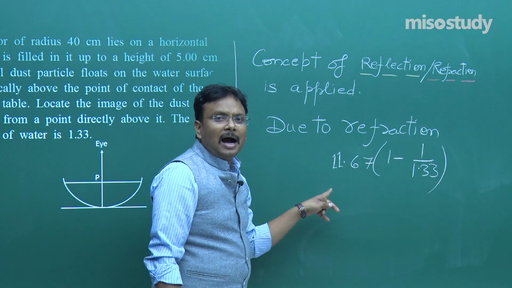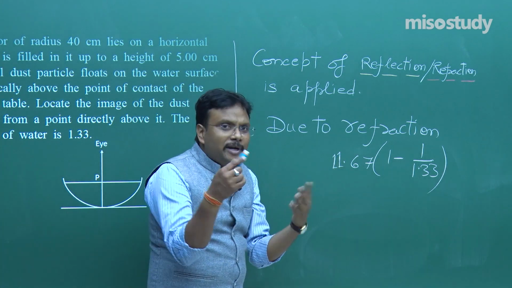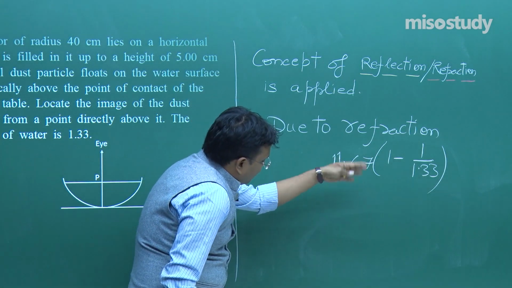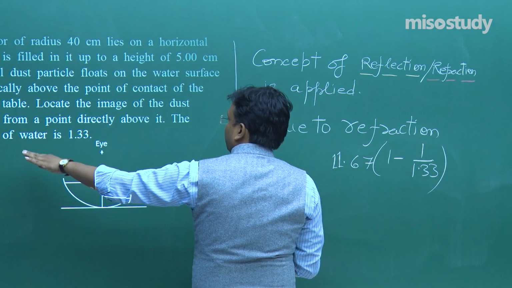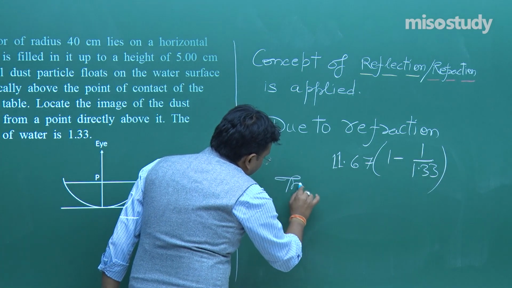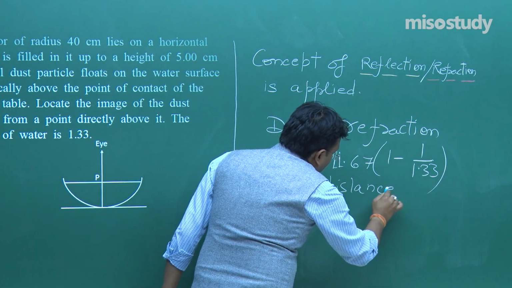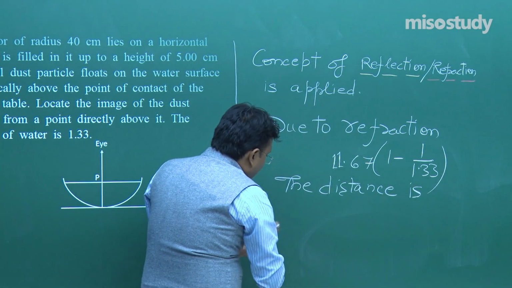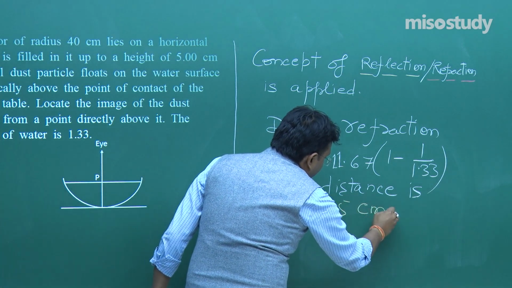Over here it is the height. Just 2 minutes back I mentioned 1 minus 1 upon mu into h1, delta t. So directly I am writing it. And ultimately when you solve it, you will get this apparent particle distance is 8.75 centimeter.